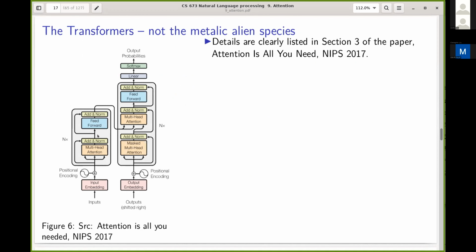Then we have some other layers. For example, we have a feed forward layer, which is a regular neural network, or what we call a fully connected layer or dense layer. And we have normalization layers. Another interesting thing in the transformer architecture is the residual connections, indicated with this curved arrow, which means the raw input and the attention result are added together in this yellow layer.